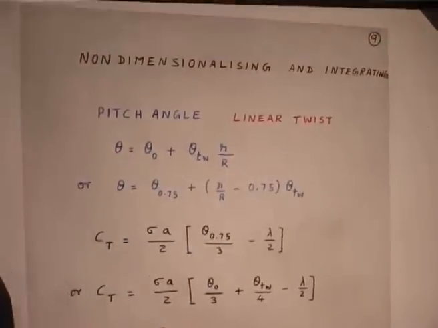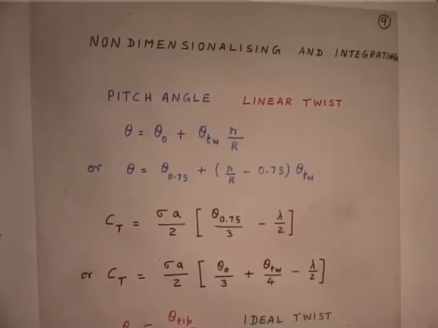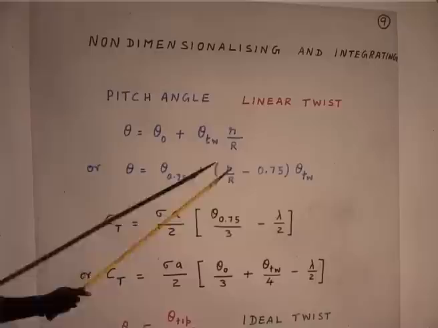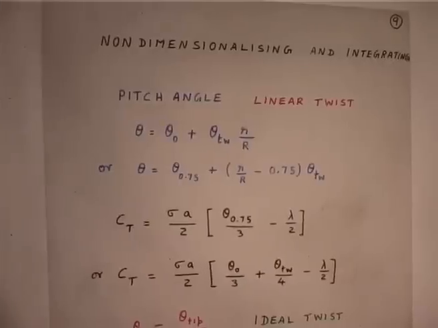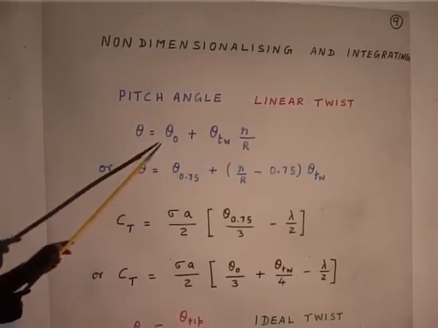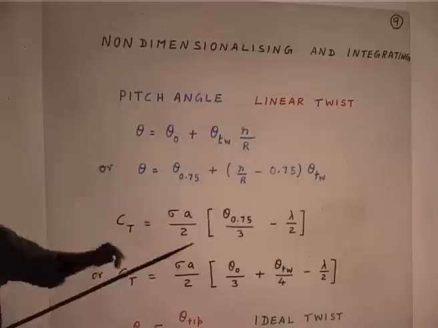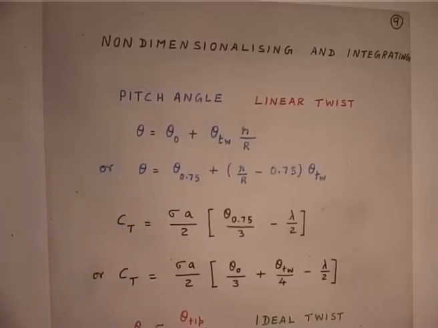I am not going to write it, because this is just for if I have a linear twist, okay, linear twist, please understand here I use 0 twist. If I have a linear twist, theta naught, that is, the value theta twist into r over R, okay.